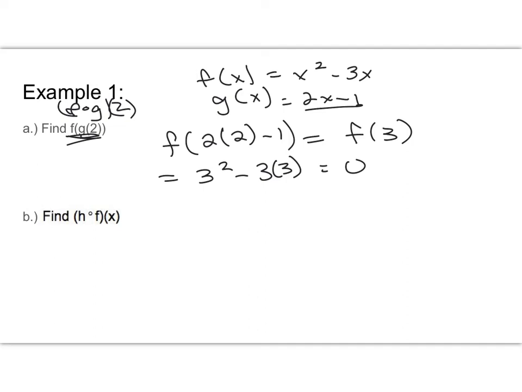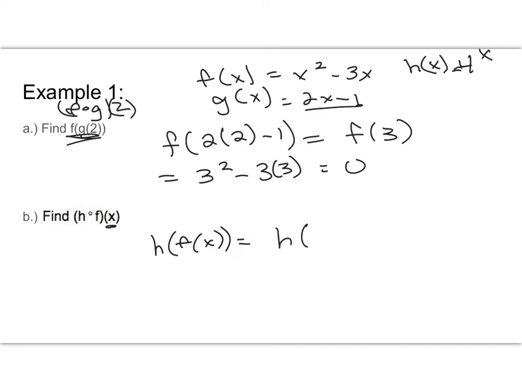Now I want to find h of f of x. Well, I need to figure out what h is first. H was 4 to the x. All right, so instead of evaluating a certain value for x, I want to find a new function. So h of f of x would look like this.